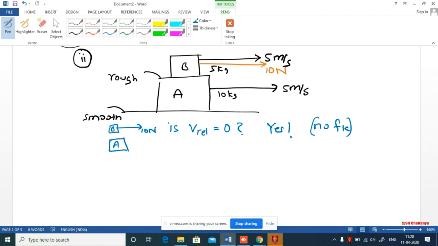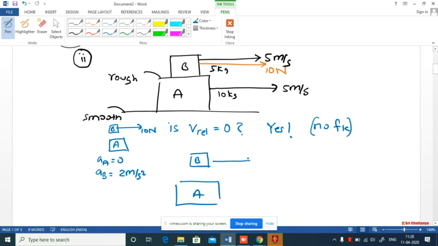So is there acceleration of B? Yes. Acceleration of A is equal to 0. Acceleration of B is equal to 2 meter per second square. So acceleration of B with respect to A is in forward direction, or +2, or acceleration of A with respect to B would be in backward direction if friction was absent.